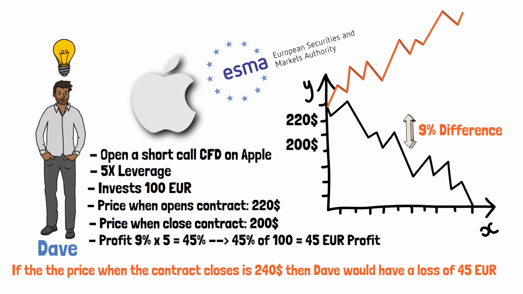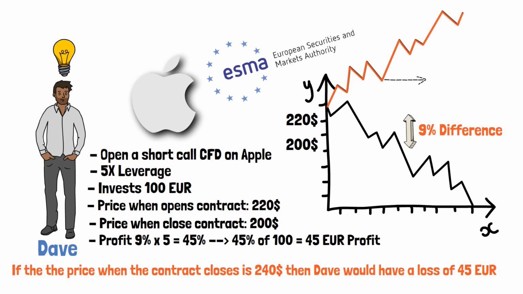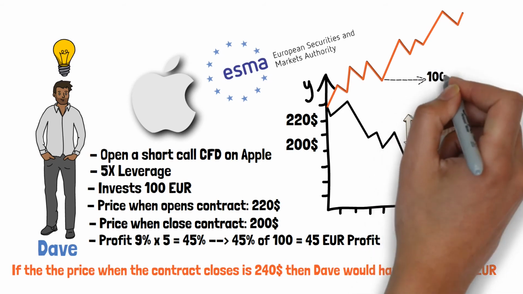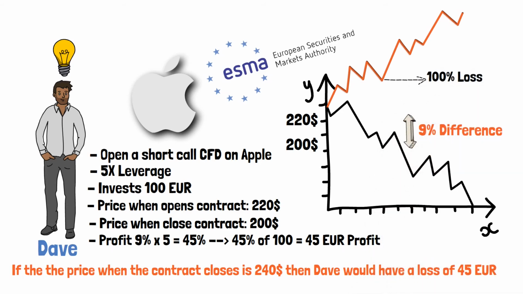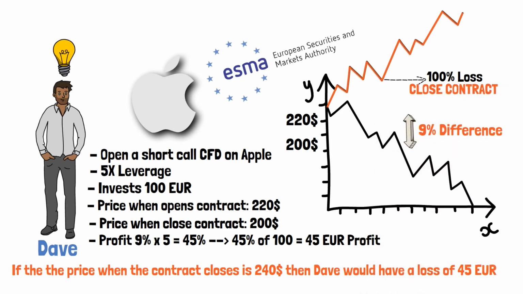Well, we have a European regulation in regards to this type of financial products known as ISMA. One of the things that this regulation controls is that the investor can never lose more than what he initially invested in this operation. So, in the example we showed earlier, if the losses were going to be more than 100 euros, then the contract will be closed automatically, not allowing to lose more than what was originally invested.